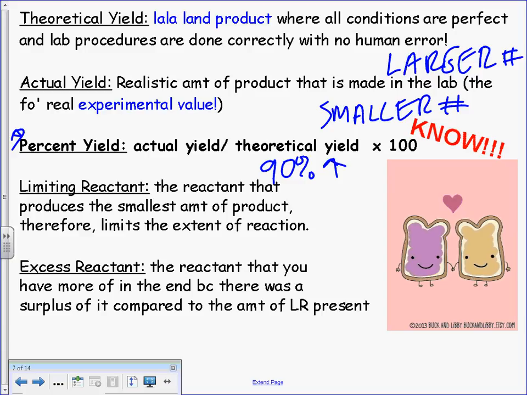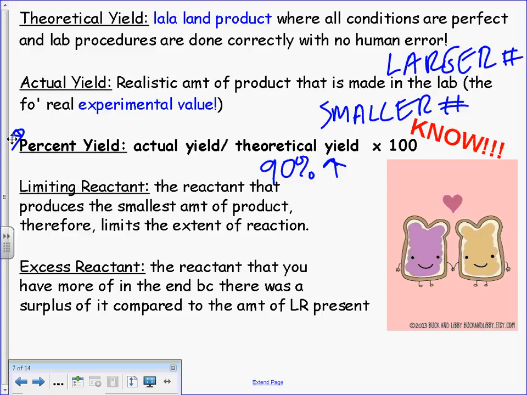That means that you did a fantastic job. Your actual yield was very close to the theoretical yield. A really poor yield might be what? 70 or lower, like 5% yield, right? In the lab I was working with in the summer, people were getting like 30% yield, and they were partying because it's really hard to get fantastic yield, sometimes through some of the experiments you do. So actual yield over theoretical yield times 100 is going to be how we get percent yield.